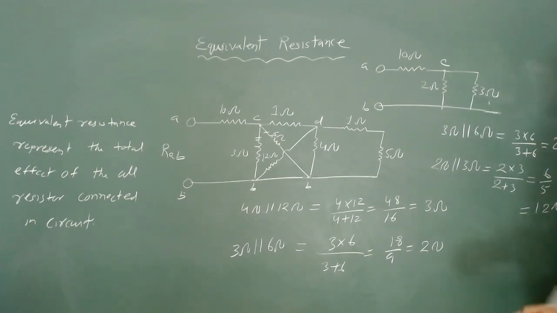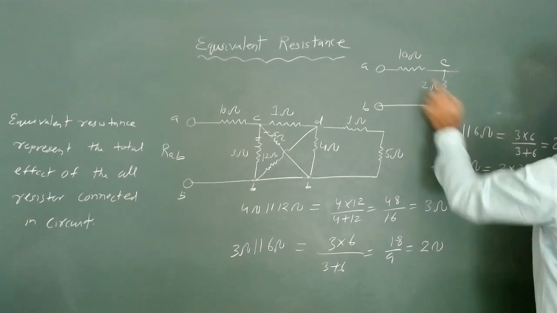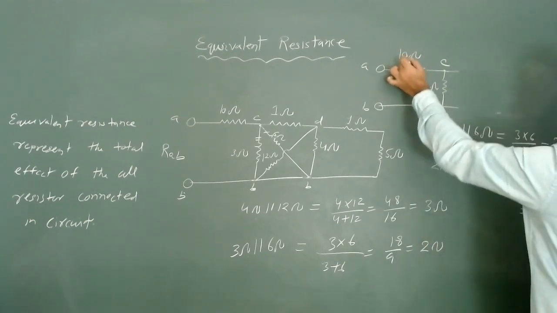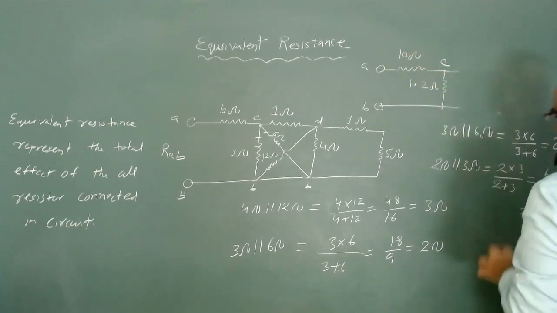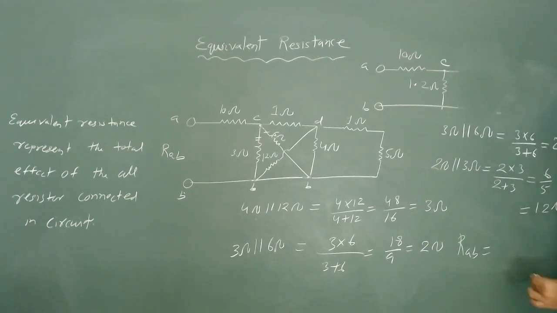Now this 1.2 ohm is in series with the 10 ohm resistance. So the total resistance RAB will be equal to 10 plus 1.2, equal to 11.2 ohm.